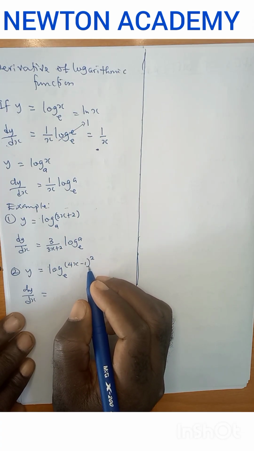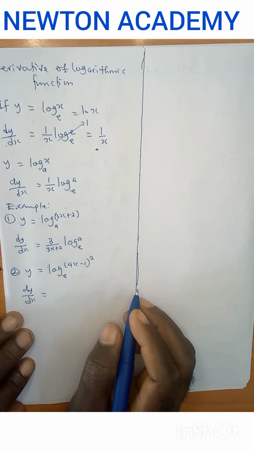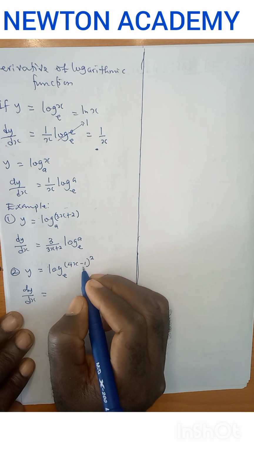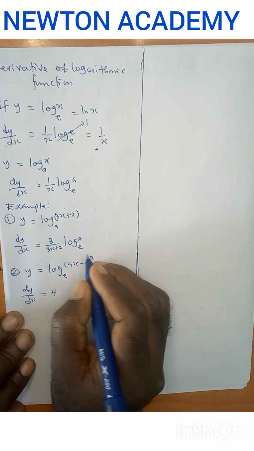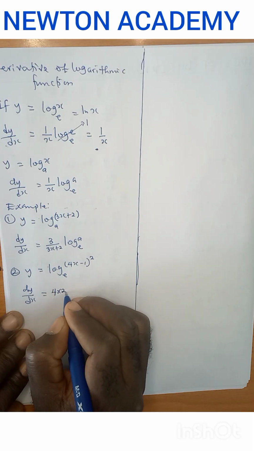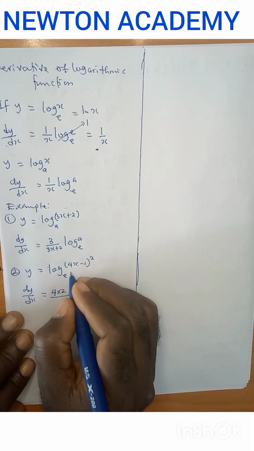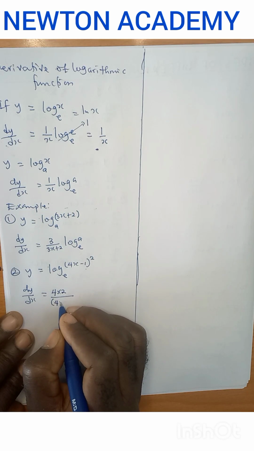And I also showed you the shortcut for doing that. Here we are going to apply the shortcut. You differentiate 4x minus 1, which gives us 4. Then you bring it out, then you move this power down to multiply it, then over the function itself.